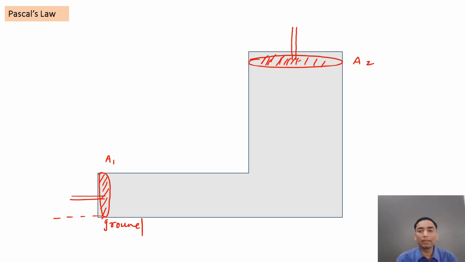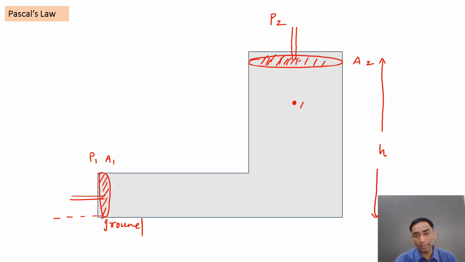So you can very well see that the piston, let me call this piston P2 and piston P1. Now piston P2 is at some height above the ground, say h height above the ground, and P1 piston is on the ground, direct in contact with the ground, right? I'm giving you 3 points.